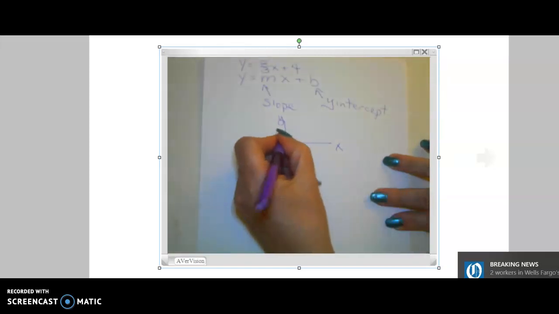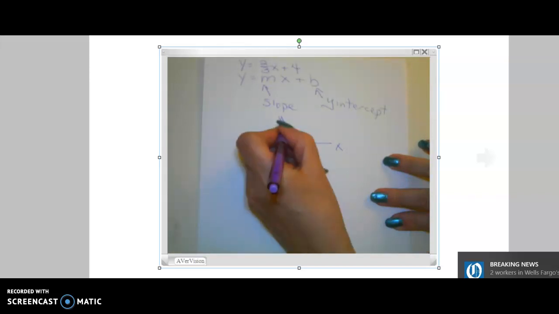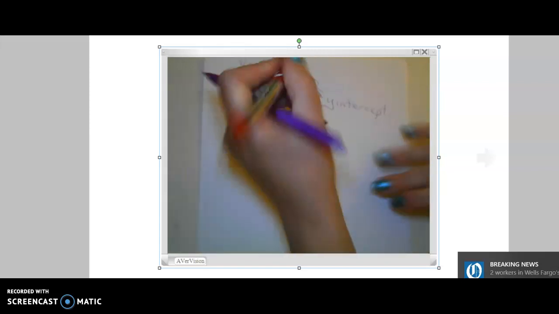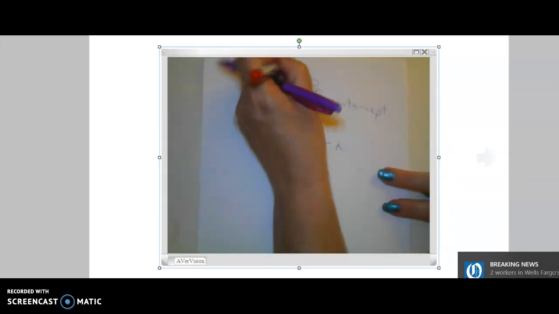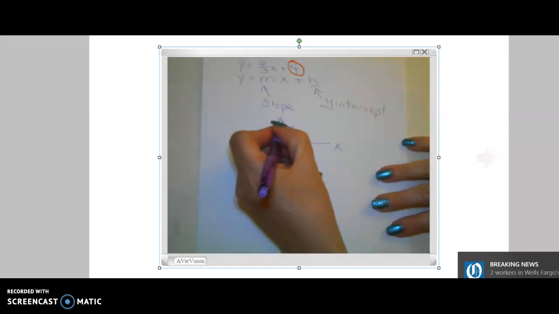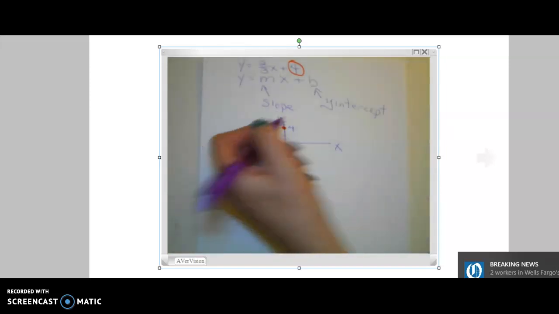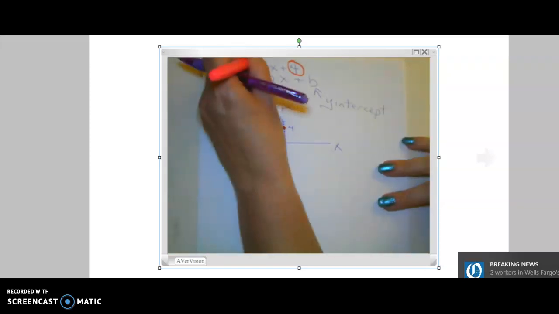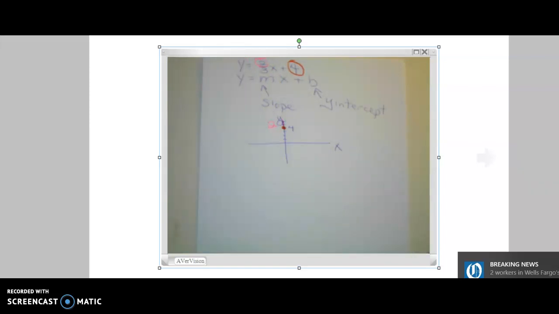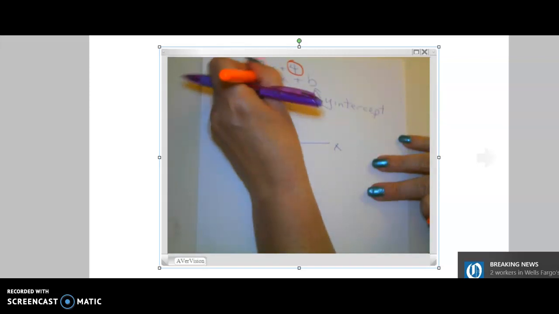So we go 1, 2, 3, 4. Here's 4. So I'm going to put a dot at 4. Okay, that's where that came from. From that point, I'm going to go up 2, and then I'm going to go over 3.